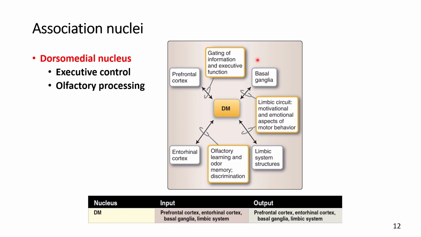All of those things are part of the executive function. And all of these areas are bilateral connections. So the dorsomedial nucleus has bilateral connections with the prefrontal cortex, entorhinal cortex, basal ganglia, and the limbic system. It's a bilateral communication.